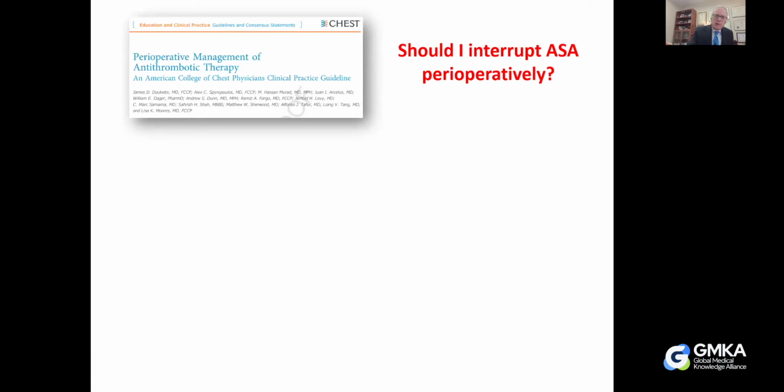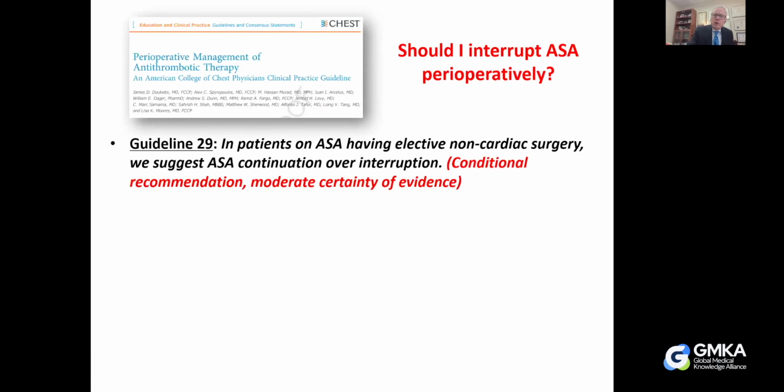Back to the American College of Chest Physician guidelines, what they are suggesting is that in patients who are taking aspirin and are having elective non-cardiac surgery, we suggest aspirin continuation rather than interruption. This is a weak or conditional recommendation based on moderate certainty of evidence.